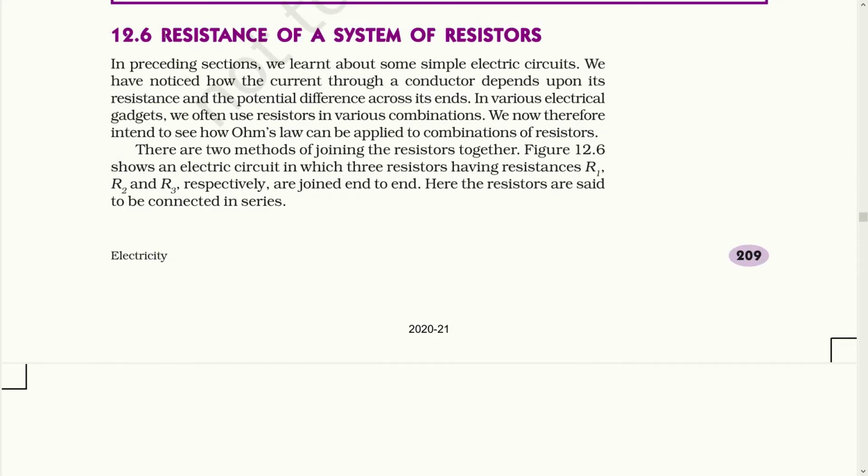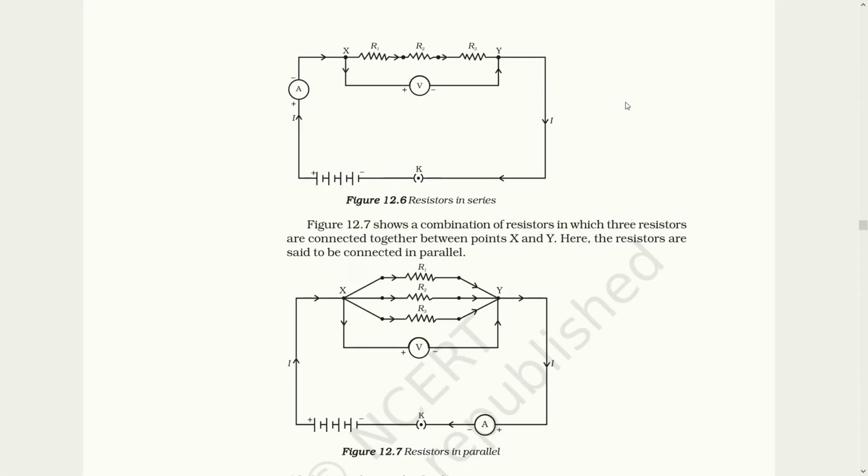Now we have to study about the connections of the resistors. The resistors can be connected in two different ways: one in series and the other in parallel. Here you can see R1, R2 and R3 are three different resistors which are connected in a single line. That means from the positive end only the point X is connected with R1.